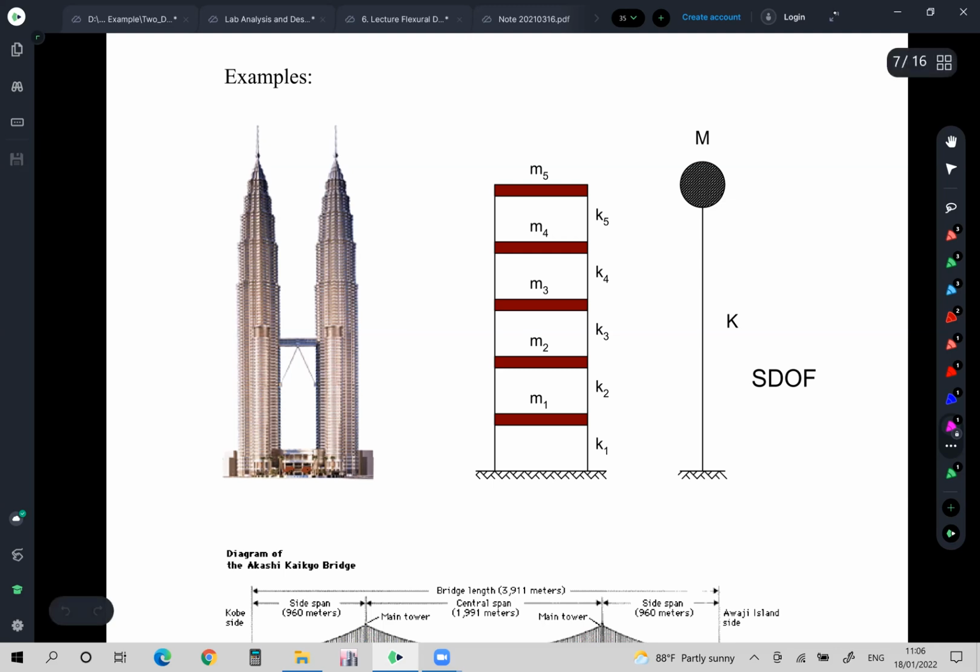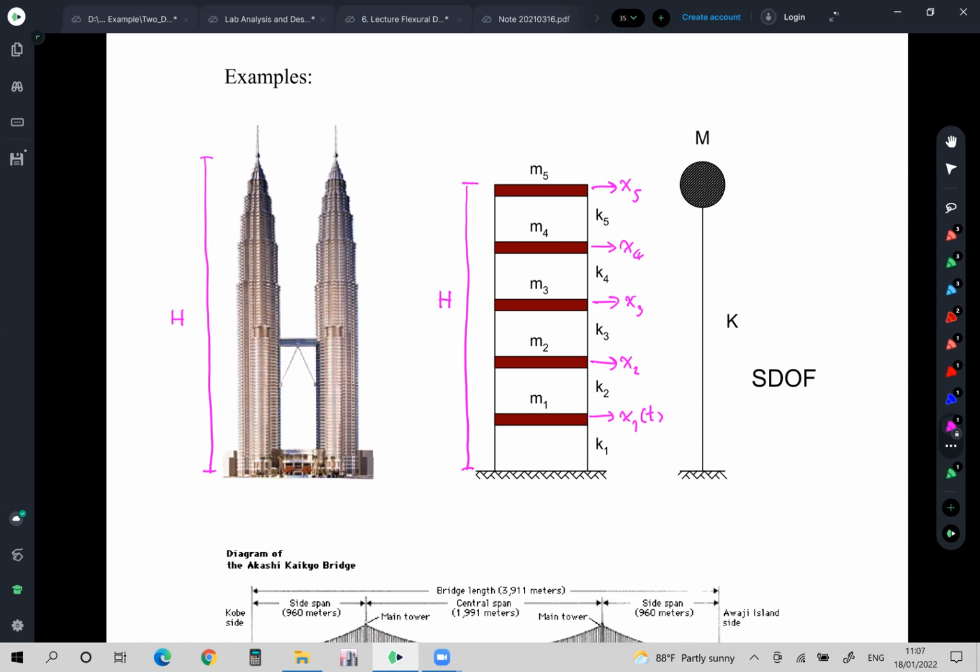If you can follow me, I have X number 1 here, I have X number 2 here. All of them are a function of time t, okay? Number 4 and number 5. I usually use 5 degrees of freedom to explain this tall building, twin tower. If the height of the building here is h, I do believe that floor number 5 of mine is the roof, the same height.